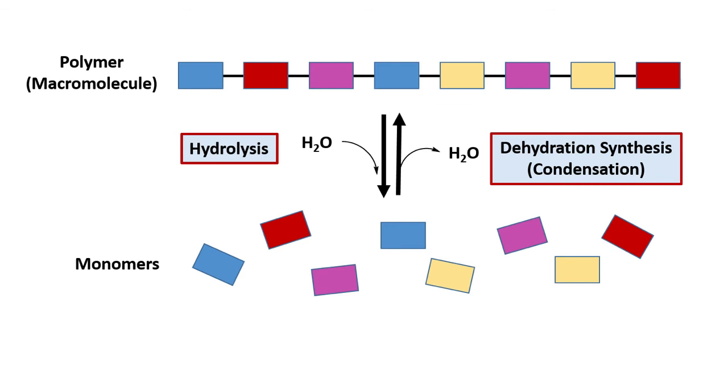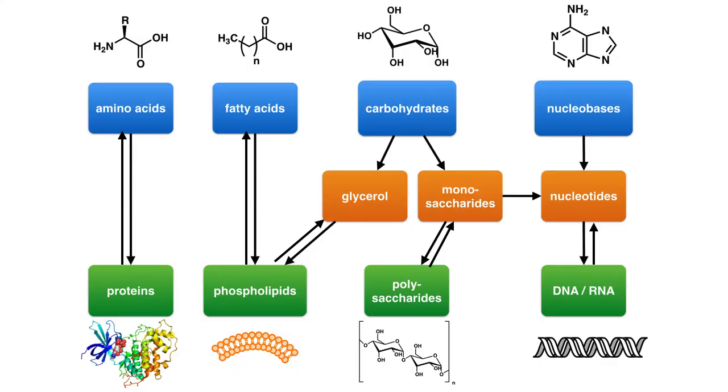So to recap, dehydration synthesis reactions build polymers by removing water, and hydrolysis reactions break them by adding water. And these reactions are responsible for the formation and breakdown of all the macromolecules we will explore in the next few lessons. Oh, and one more thing before we end this lesson.